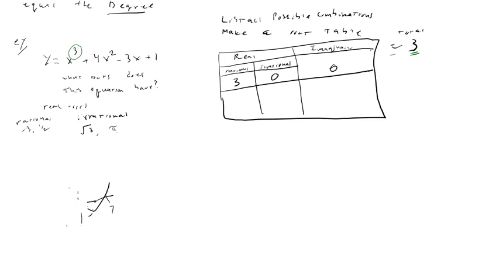Or I can cross in a different way. One of the rules about irrational and imaginary roots. That's a 0. This is a 0. 0 imaginary.